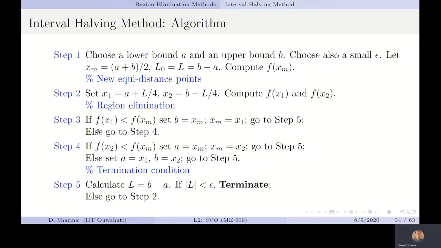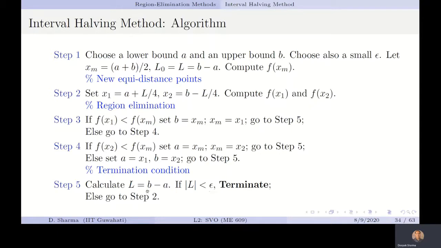What you will realize is that in steps 3 and 4, we are updating the a, b and xm values. Once it is done, we calculate b minus a. Since a and b are changing, we again calculate L. And if L is smaller than the epsilon value, then we should terminate.